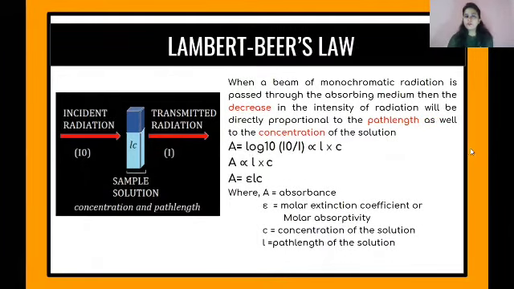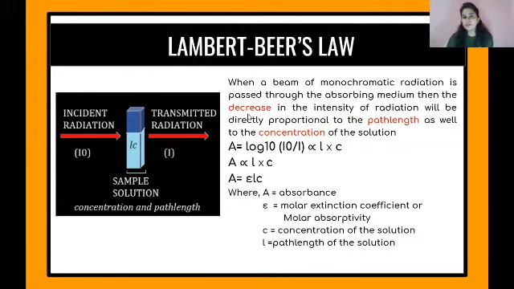Now, the joint law was proposed after many years, which is called the Lambert-Beer law or the Beer-Lambert law. They said that there is going to be a decrease in the intensity of radiation, as mentioned by Lambert and by Beer.